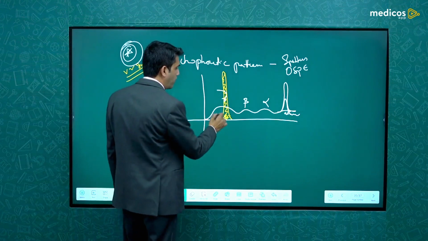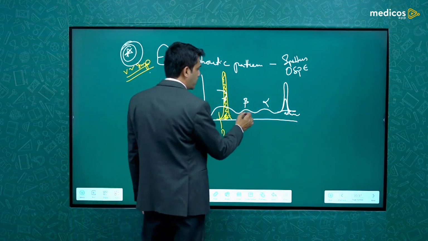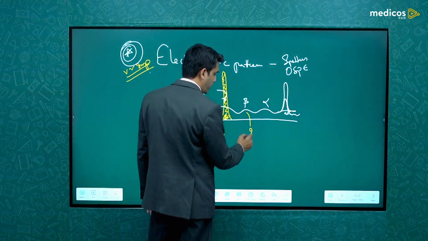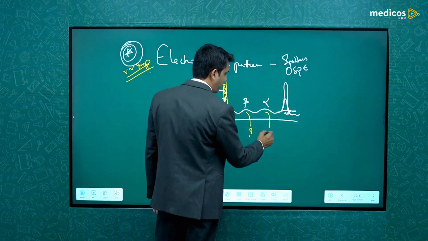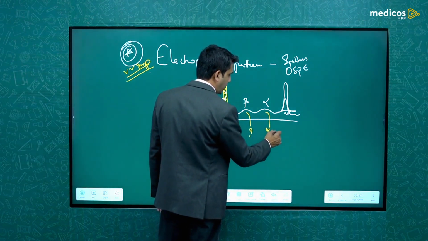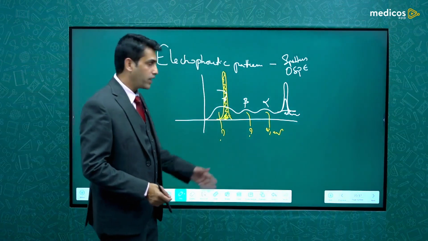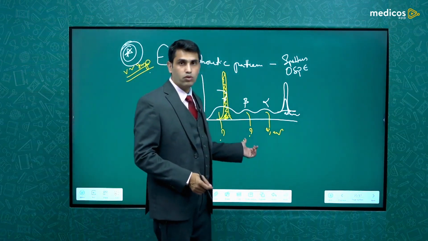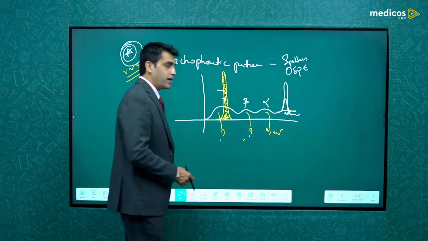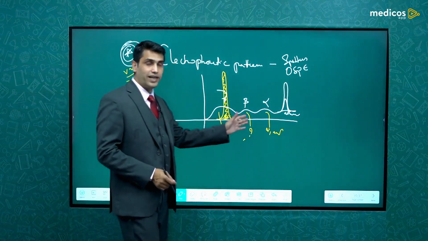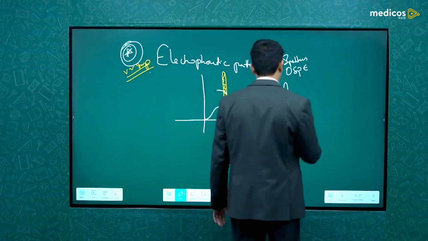You must know which proteins the gamma band has, which the beta band has, and which the alpha band has. Alpha 1 acid glycoprotein, alpha 1 antitrypsin, alpha 1 microglobulin, beta macroglobulin, ceruloplasmin, transferrin, all of LDL will occur here.